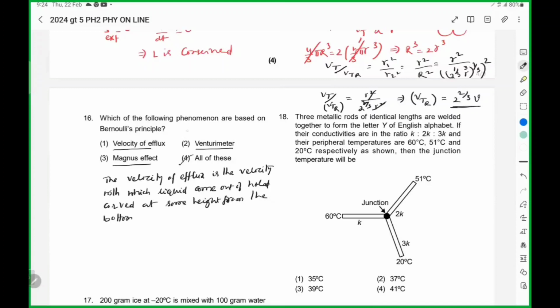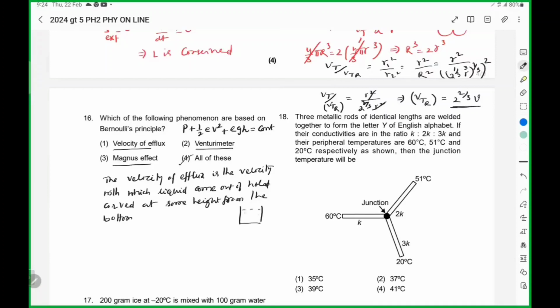Bernoulli's equation here: P plus half rho v square plus rho gh is constant.